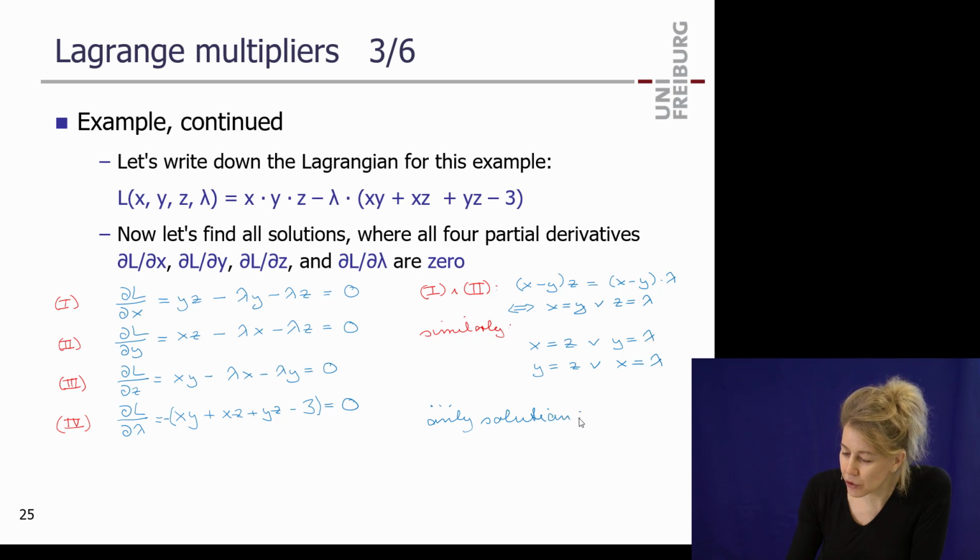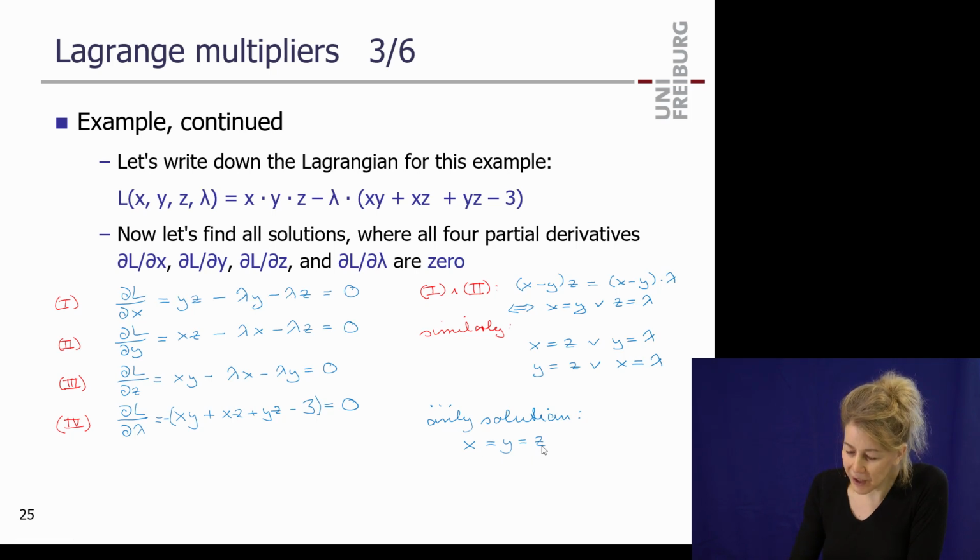The only solution this has is x, y, z. I mean, there's already a lot of equality here. If you think about it a little more, there's only one solution. The only way these equations can all be 0 is when x, y, and z are all equal. There's a lot of symmetry here, so it's not too surprising.